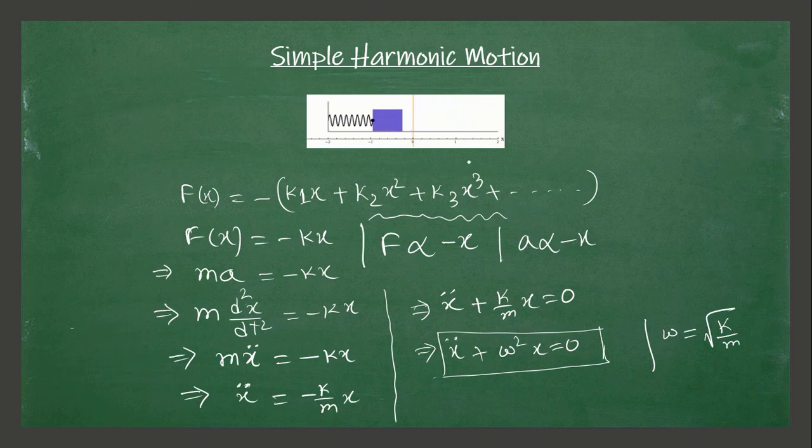What this means is that the acceleration of this movement is not constant. It depends on the displacement, and the larger the displacement, the higher the acceleration. They're proportional. But the minus sign indicates that the direction of acceleration, or even the direction of the restoring force here, is opposite to the direction of displacement.